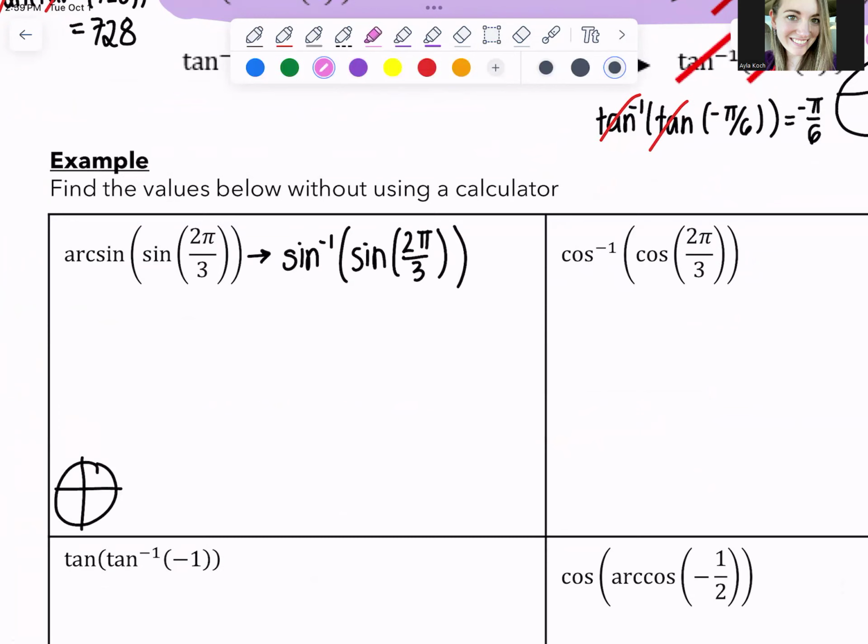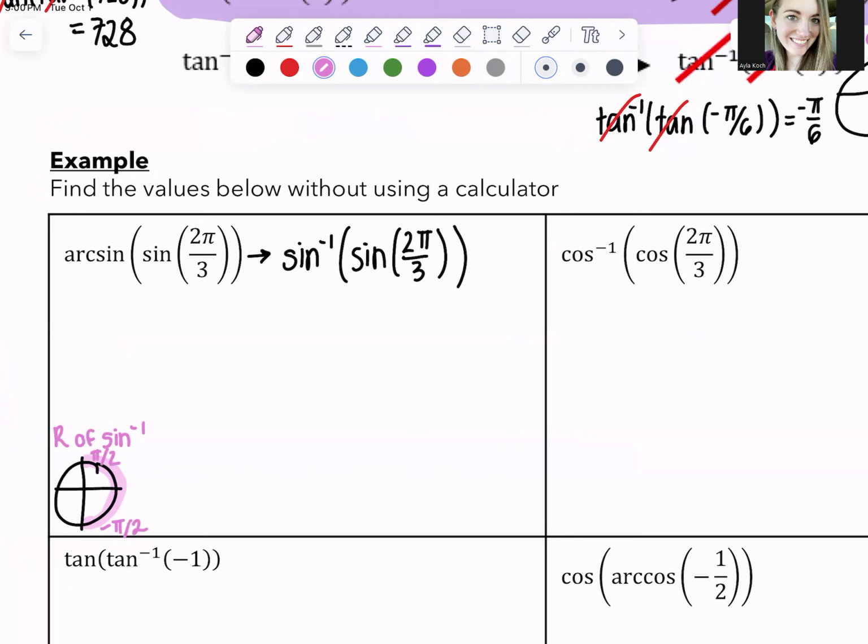Sine inverse's range is quadrants 4 and 1, between negative pi over 2 and pi over 2.